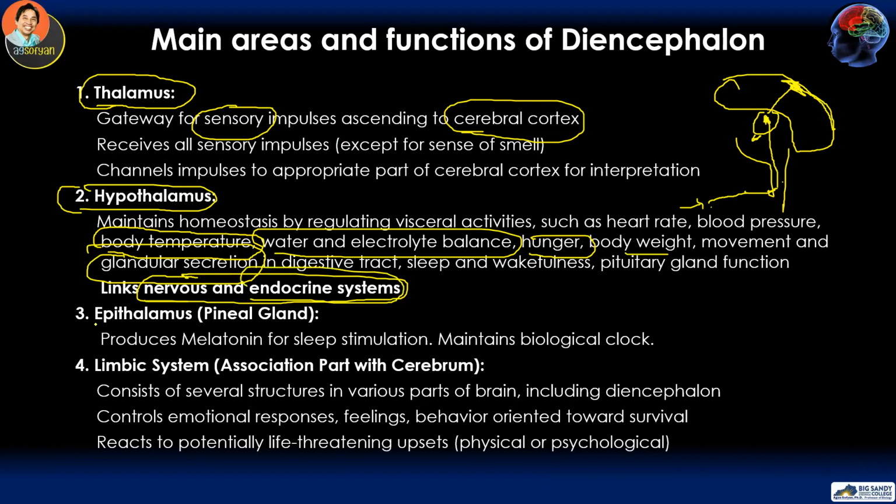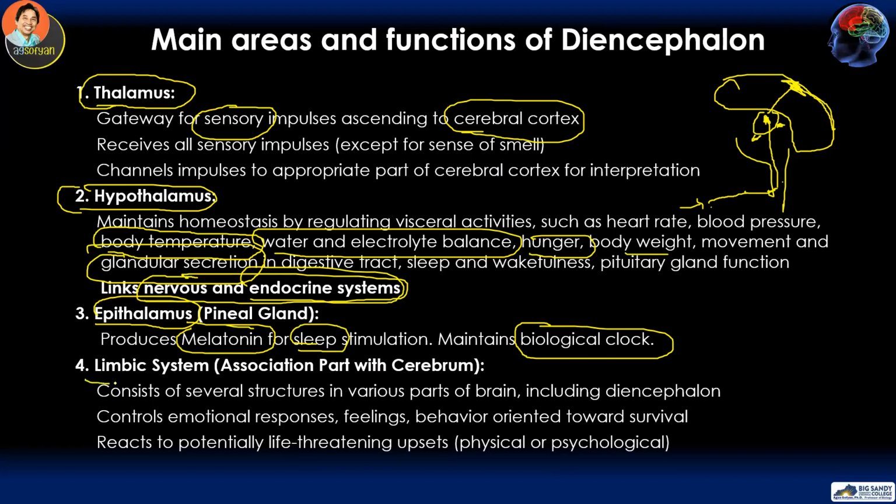The next one, the epithalamus or pineal gland, is on the back over here. This pineal gland produces a hormone called melatonin that stimulates sleep, or sleepiness. It also controls our biological clock, so our daily rhythm is controlled by the epithalamus.